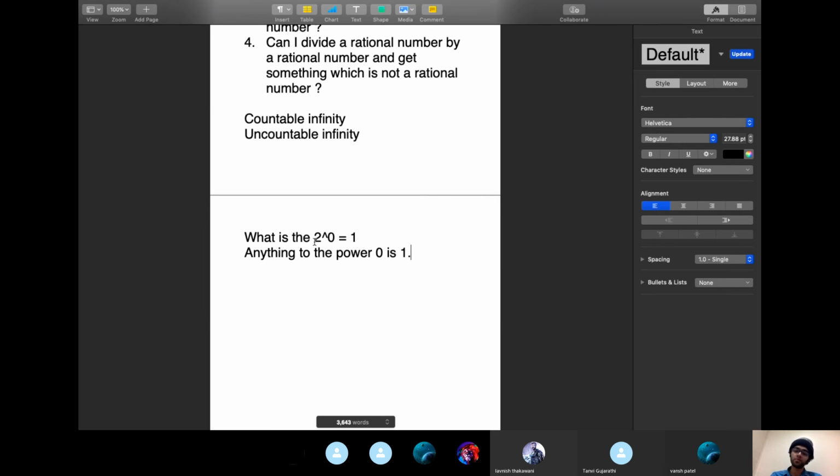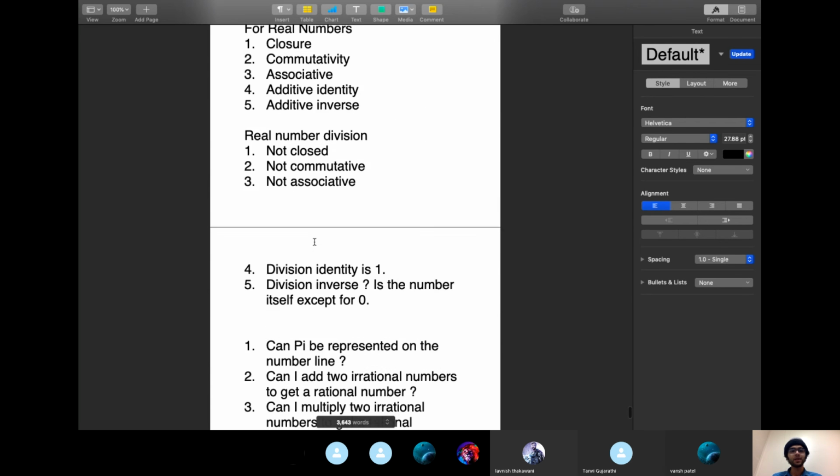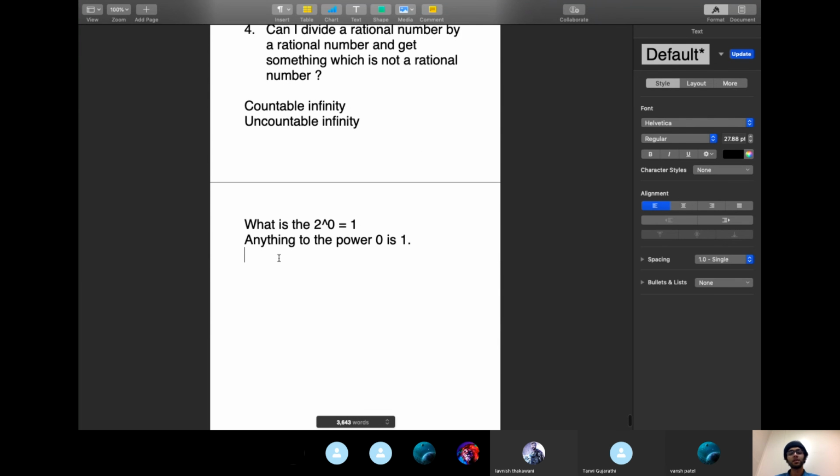So this is how multiplication works. Remember this. We didn't talk about the multiplicative identity, but I'm pretty sure all of you know that the multiplicative identity is 1, correct? So if you multiply anything by 1, the number is the same.